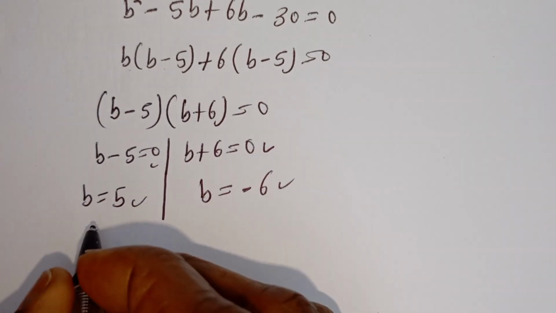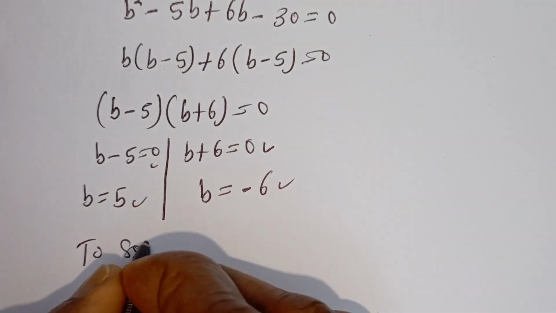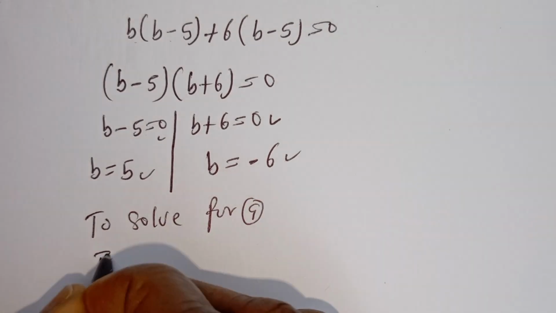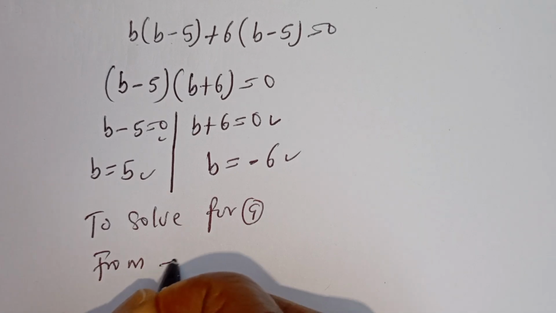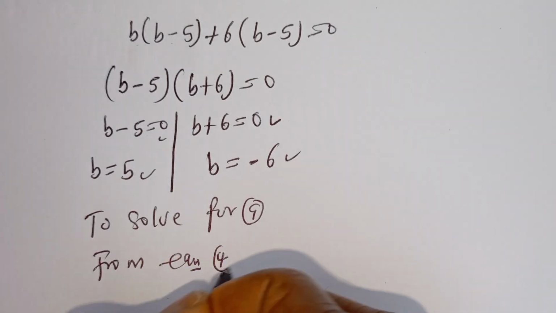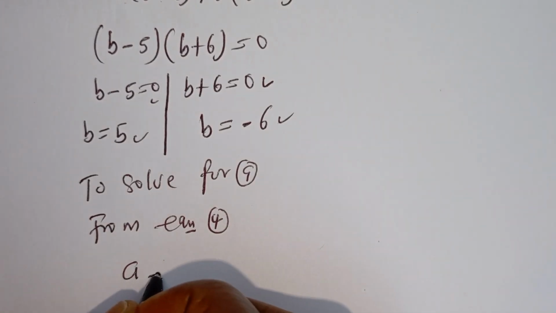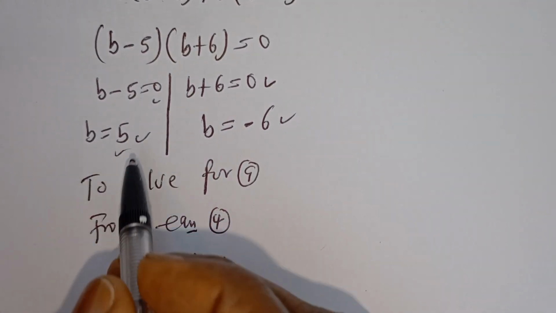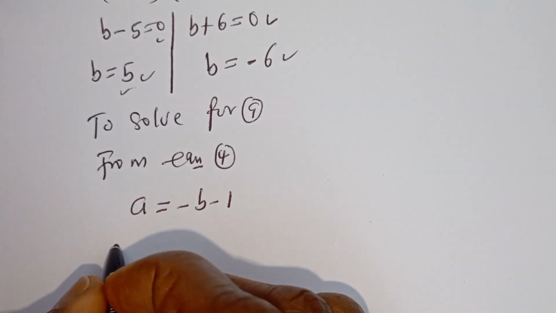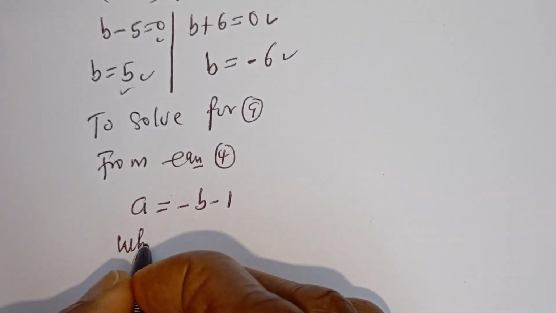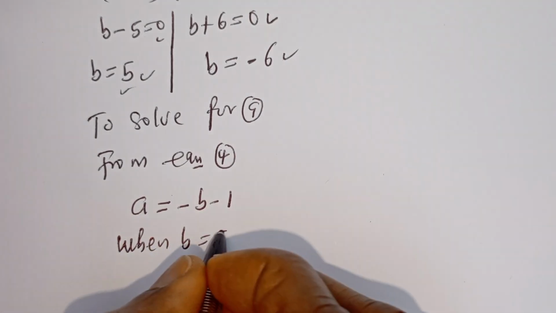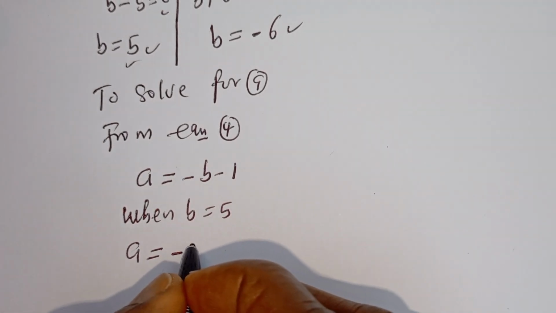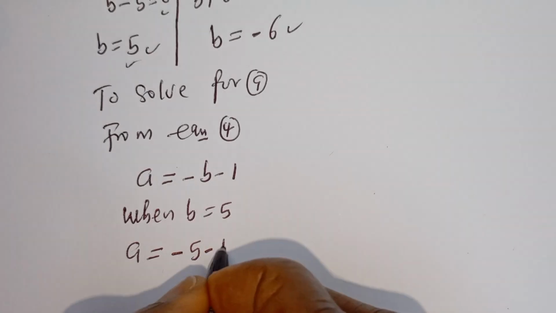Then let's solve for a. To solve for a, from equation 4, that is a is equal to minus b minus 1. Then when b is equal to 5, a is equal to minus 5 minus 1.